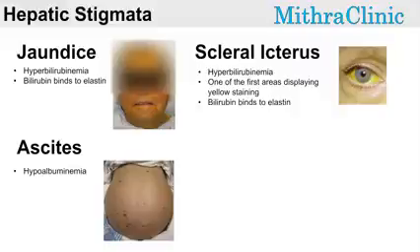If the liver is not functioning properly, we do not get albumin produced in enough quantity, and this leads to hypoalbuminemia, which reduces the ability of the blood to pull interstitial fluid back into the blood.